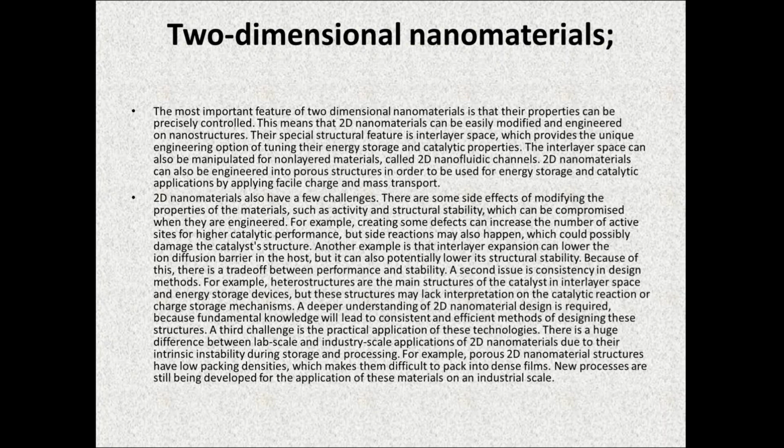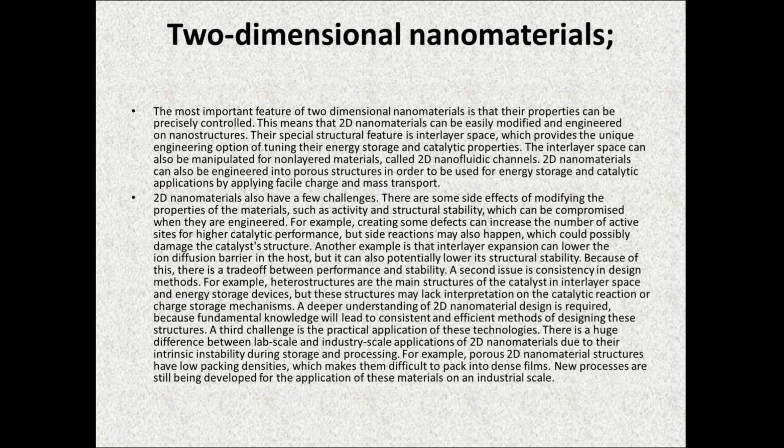Another example is that interlayer expansion can lower the ion diffusion barrier in the host, but it can also potentially lower its structural stability. Because of this, there is a trade-off between performance and stability.